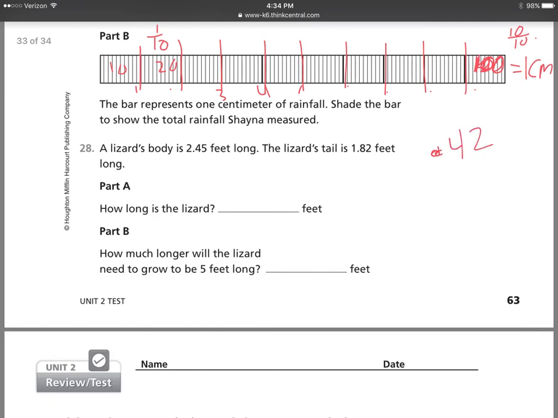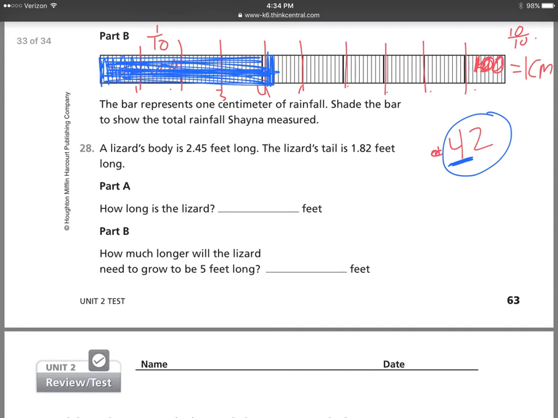You can look at this two ways. You could say, okay, well, 4 of those are tenths, so if I shade in 4/10, that would be this amount. And then 2 of them are hundredths, so I should just shade in 4/10 and then 2 hundredths. Or you could look at the whole thing and read it as 42 hundredths and shade in 42 of these little tiny hundredths. So you'll have to go back up and total the amount of rainfall Shayna logged and then shade in the correct amount.